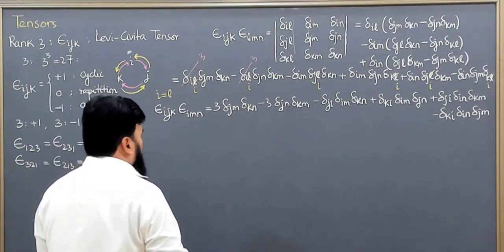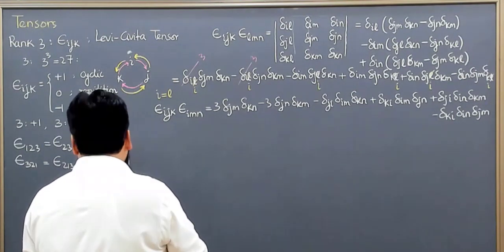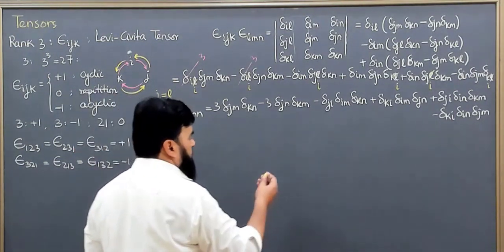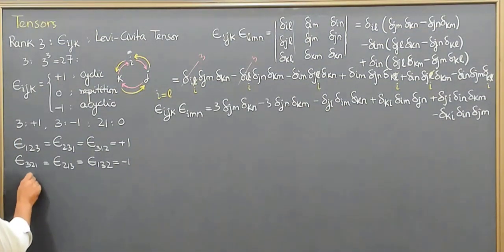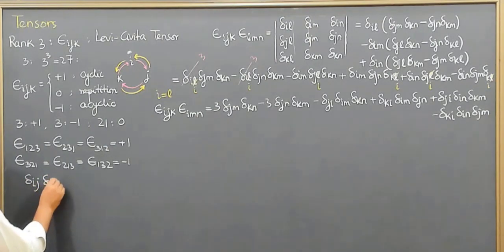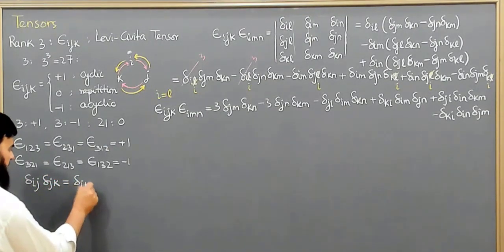And now further, let me use the identity, as we have seen earlier, that if we are having delta IJ and delta JK, then this will be equal to delta IK.